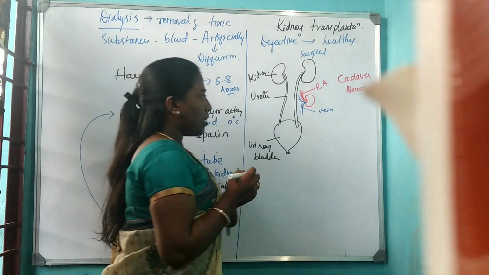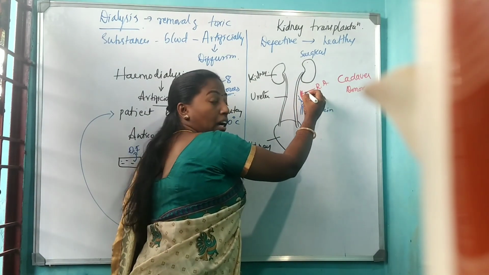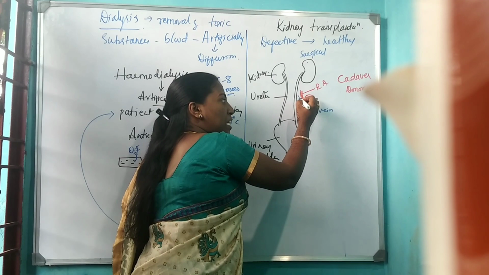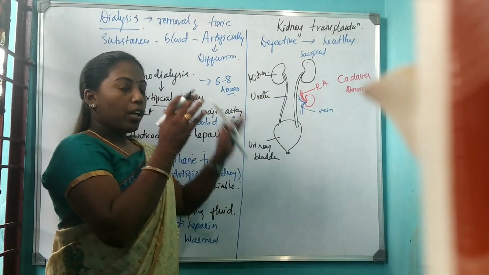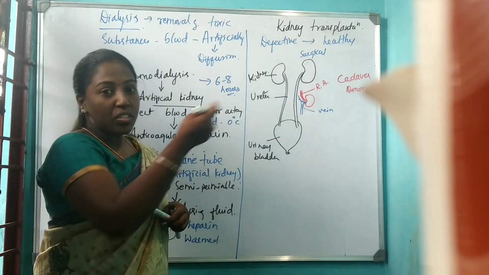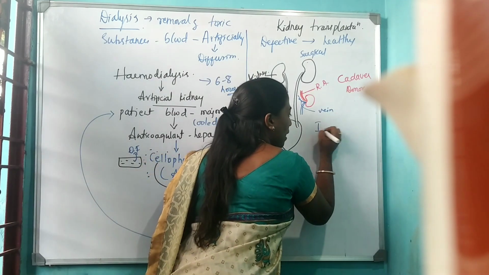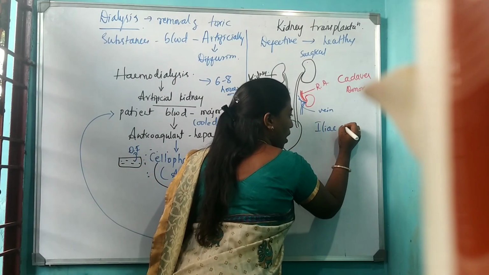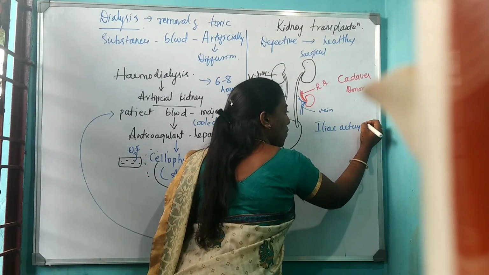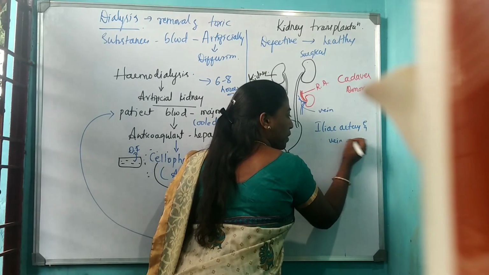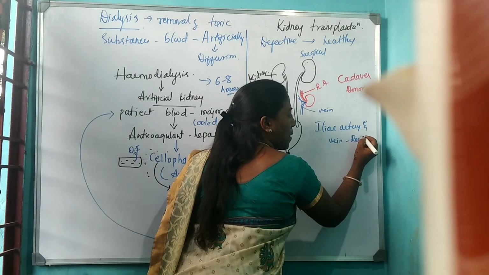The first step is that the renal artery and renal vein of the donor are connected with the iliac artery and vein of the recipient, or patient.